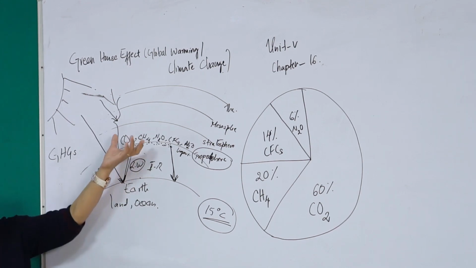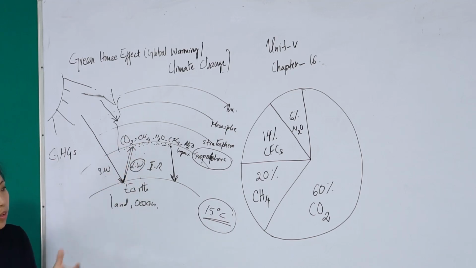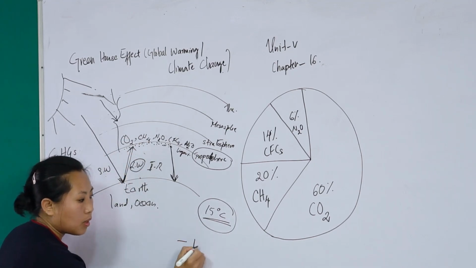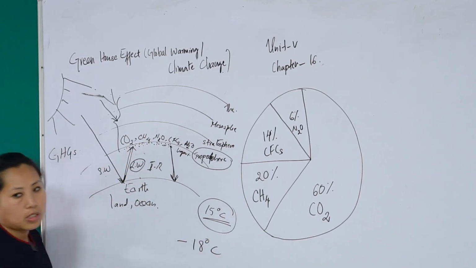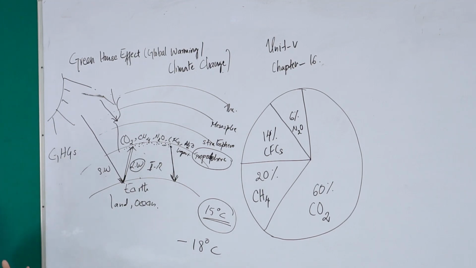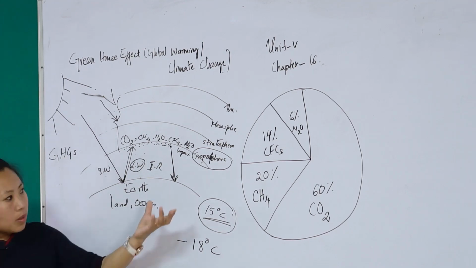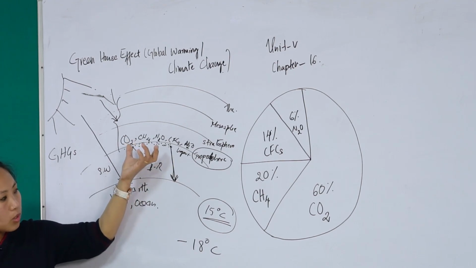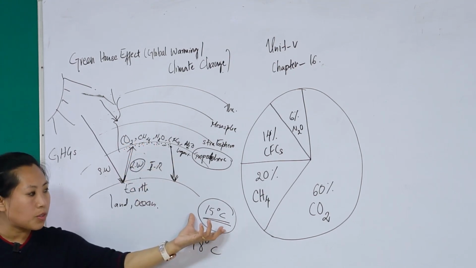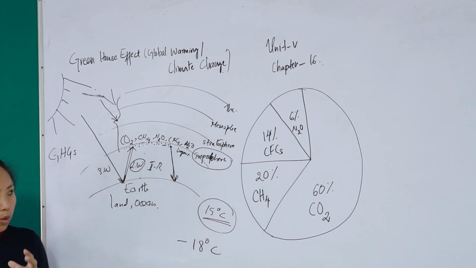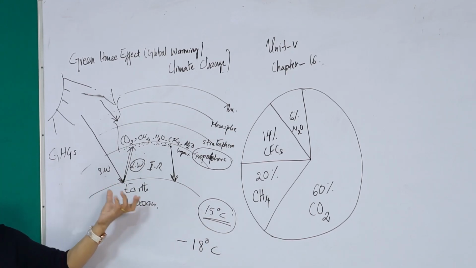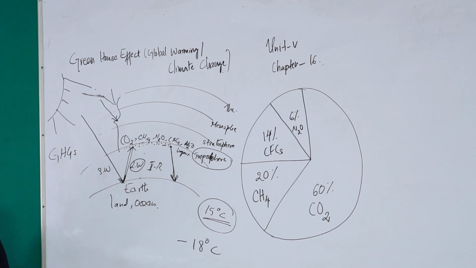Without these gases, it is said that the earth would have a temperature of minus 18 degrees centigrade, which is below freezing. So these greenhouse gases, which maintain the average temperature of the earth at 15 degrees centigrade, make it possible for living organisms to survive, or the earth to be hospitable.